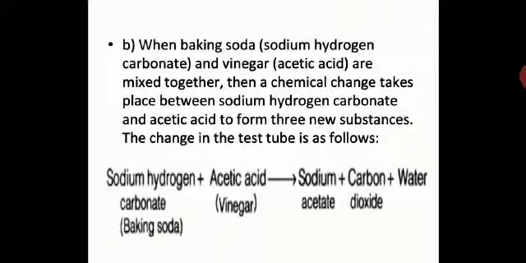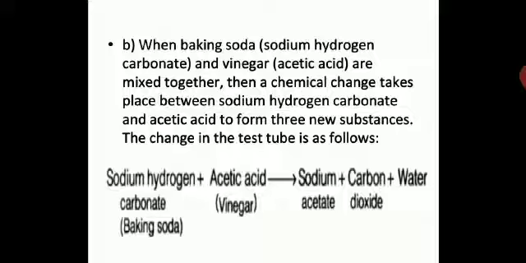Then the second part of it: when baking soda, that is sodium hydrogen carbonate, and vinegar, that is acetic acid, are mixed together, a chemical change takes place between sodium hydrogen carbonate and acetic acid to form three new substances. We have seen these reactions earlier in the previous session, isn't it, children? So let us see what happens when sodium hydrogen carbonate, that is baking soda, reacts with acetic acid, that is vinegar, which you can find in your kitchen.